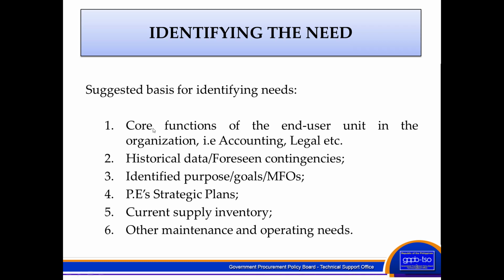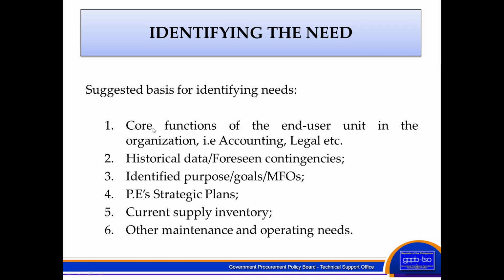And the next, number 3, we have identified purpose or goals or major final outputs. Every unit in a certain organization has its purpose, goals, and major final output. Meaning there are certain deliveries that they need to achieve.